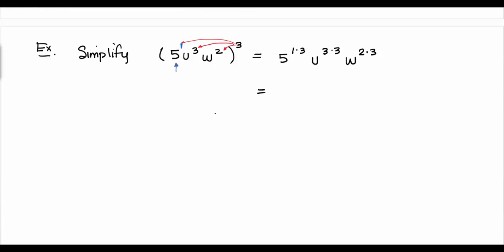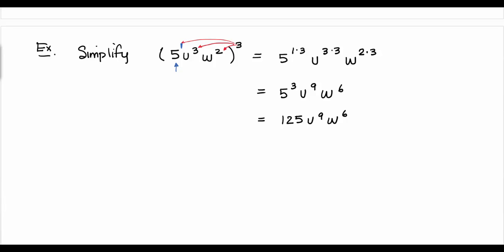So then I get 5 cubed, u to the 9th, w to the 6th, and 5 cubed is 5 times 5 times 5, which gives me 125, u to the 9th, w to the 6th.